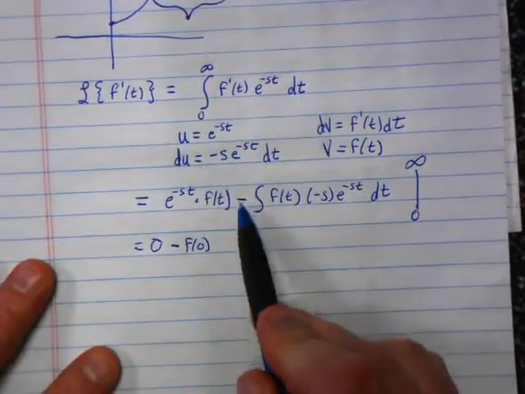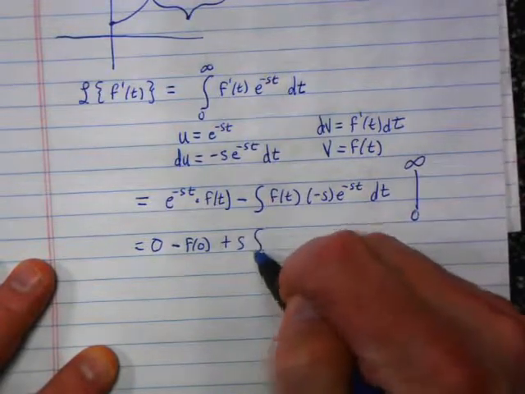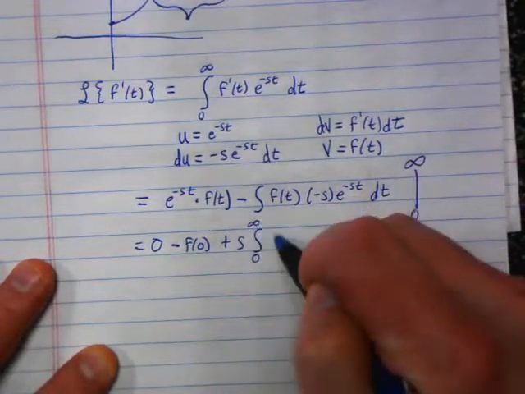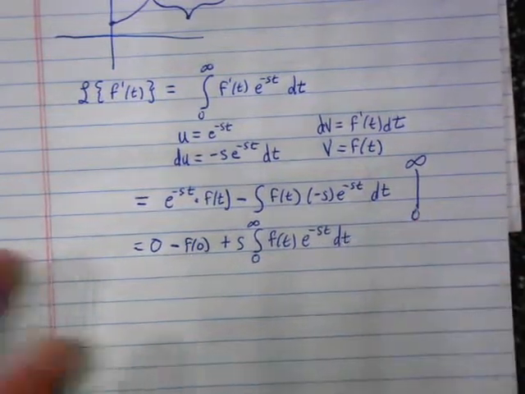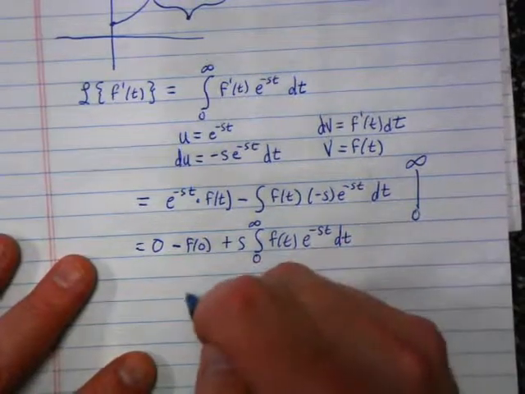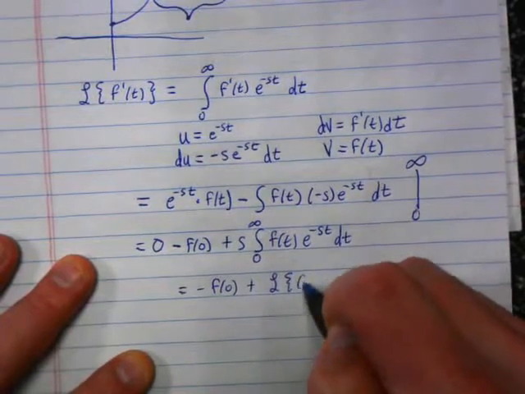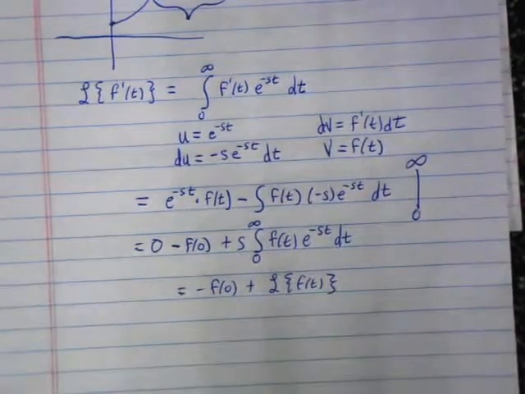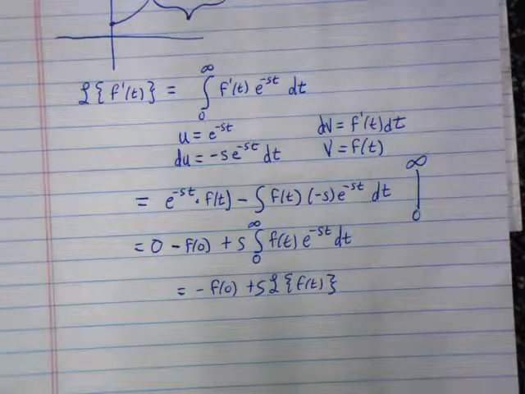And then here I've got a minus and another minus, that's a plus. So I pull out the s. This is the integral from 0 to infinity of f of t e to the negative st. What's that integral? That's the definition of the Laplace transform. So you do get minus f at 0 plus s times the Laplace transform of f of t. I forgot my s. So this theorem is really just a special case of integrating by parts.